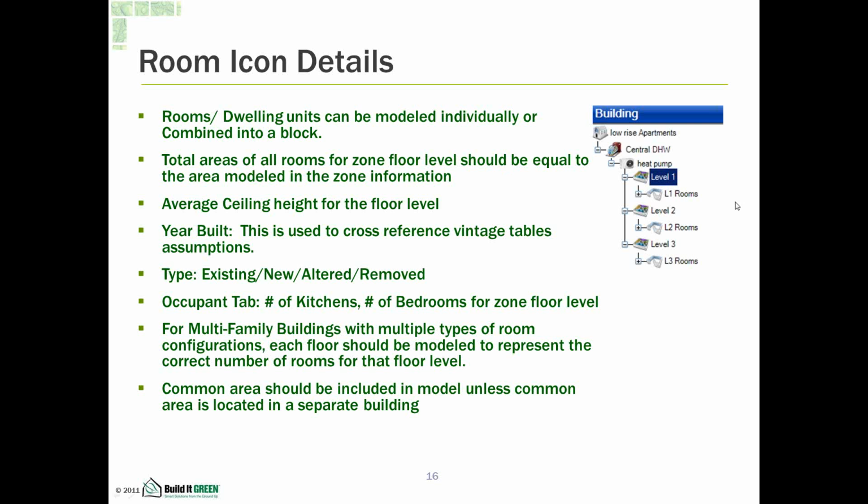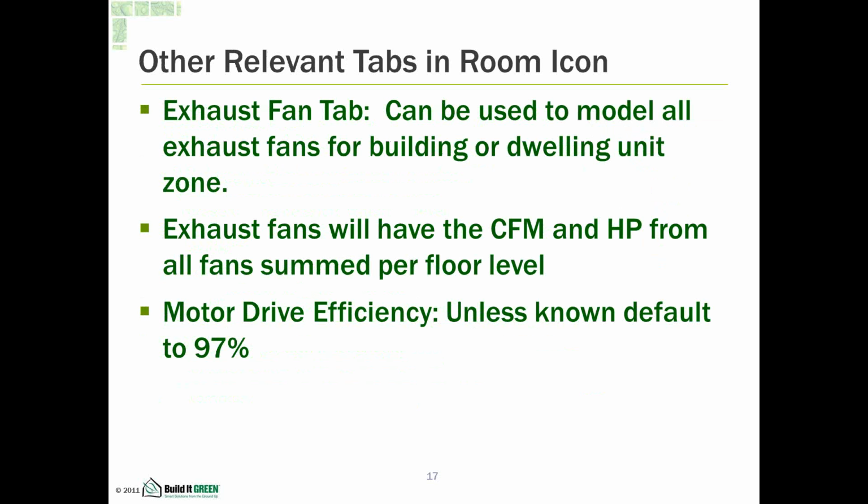If you're doing your sampling, you can say, okay, I checked 10% of the rooms on this floor, and they came up to maybe, let's say, 30 CFM per dwelling unit, and they all had a 1/8 horsepower motor. You're going to add up all the CFMs and horsepower, and you're going to put that into the exhaust fan tab. Sorry, I don't have a real clear slide on that tab.